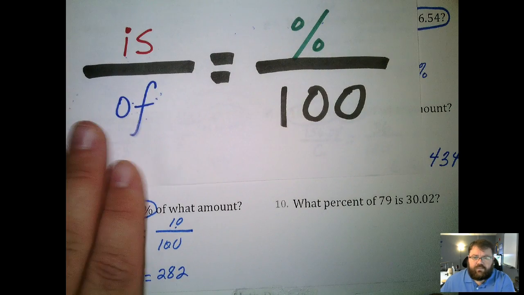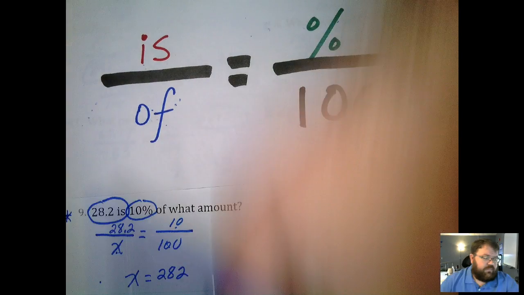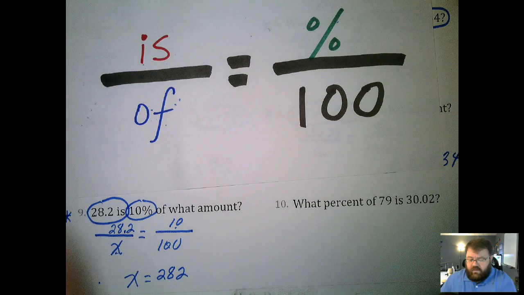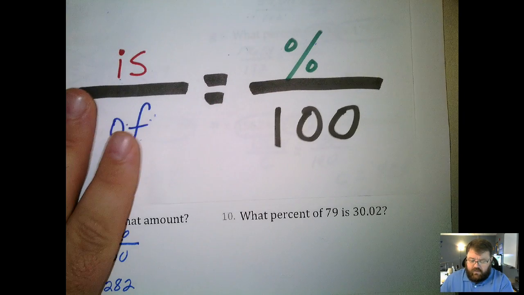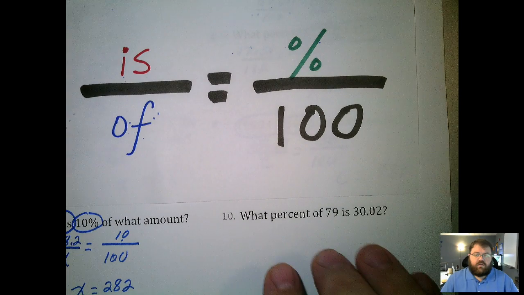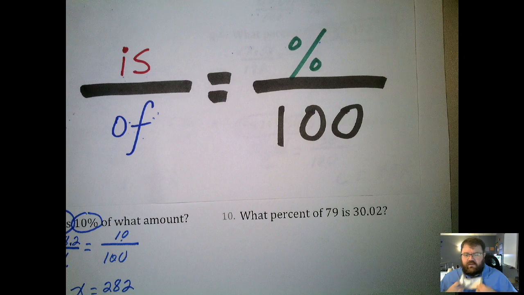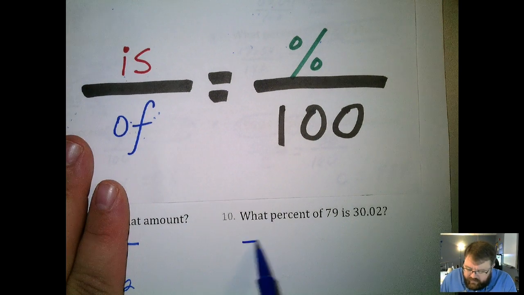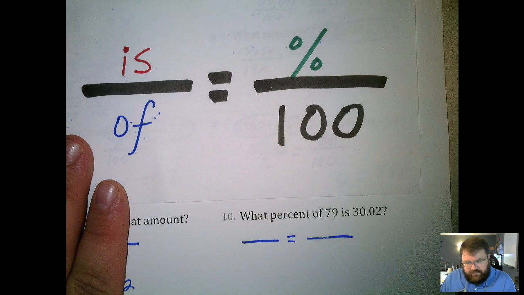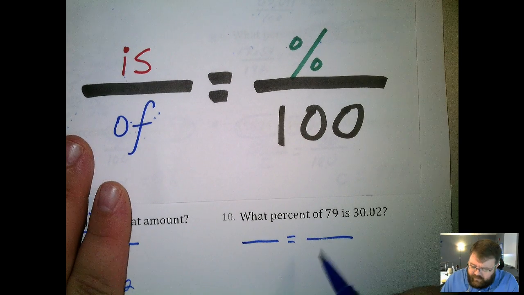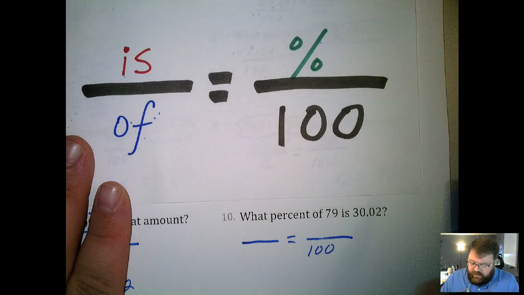Number 10. What percent of 79 is 30 and 2/100ths? Pause the video and answer the question. All right, hopefully you said line equals line. And from here, you filled in your 100.